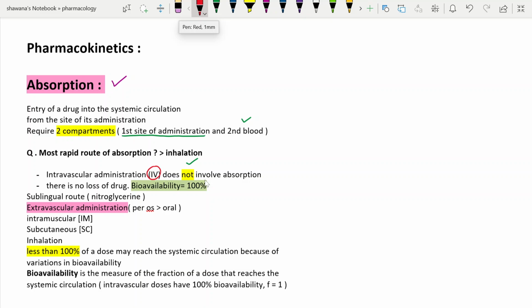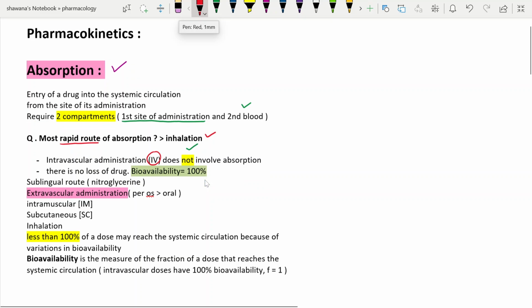The most rapid route of absorption is inhalation, because when we inhale the drug, it goes into the alveoli, which is rich in surrounding capillaries, and the drug is absorbed instantly. And in IV, there is no loss of drug and the bioavailability is 100%. So F is equal to 1. Okay, the bioavailability sign is F.